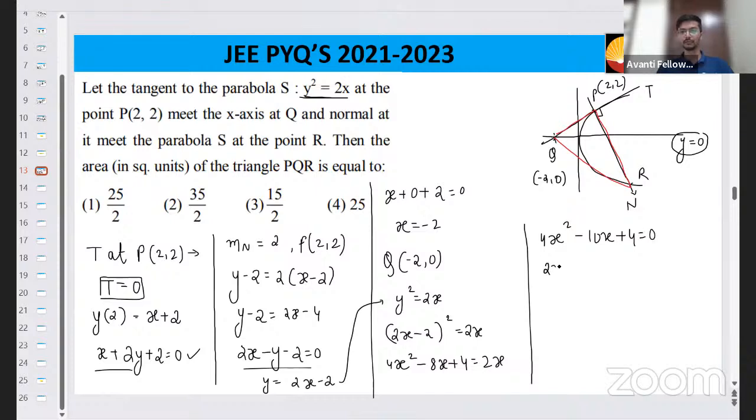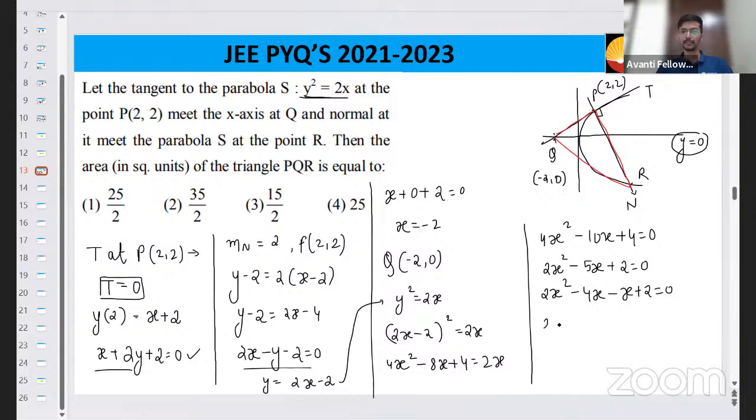We can divide by 2. So 2x square minus 5x plus 2 equals 0. 2 twos are 4. What are the factors? Minus 4, minus 1. So 2x square minus 4x minus x plus 2 equals 0. Okay.